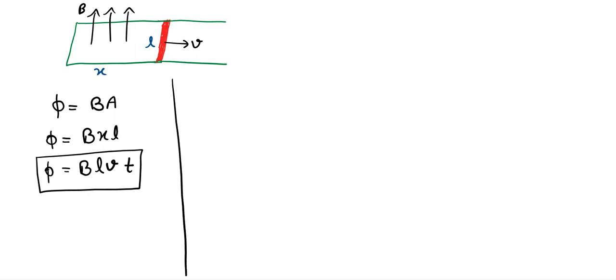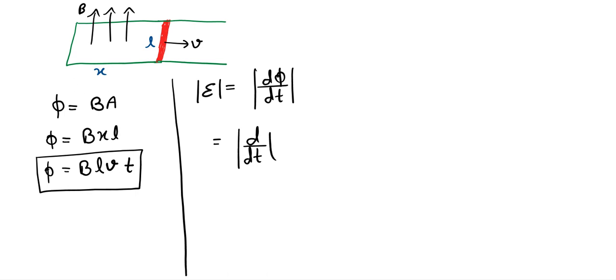Now the magnitude of the induced EMF is equal to the magnitude of the rate of change of magnetic flux with respect to time. That is d by dt of B L v t, which is B L v dt by dt.